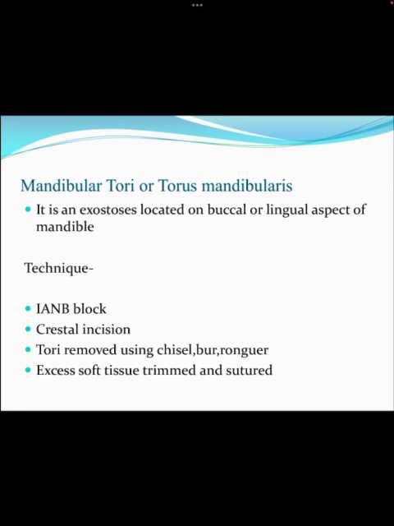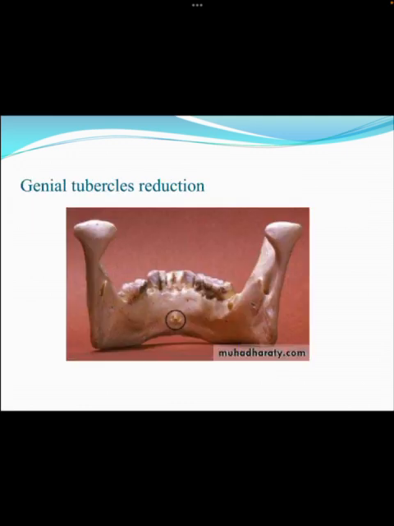Mostly we do a crestal incision, expose the tori area, and remove it with a vulcanite, rounded burr. Once all of the tori is removed, the area is sutured properly. Genial tubercle reduction is also a pre-prosthetic surgery method, where we expose the genial tubercle area on the mandibular lingual surface and reduce it.